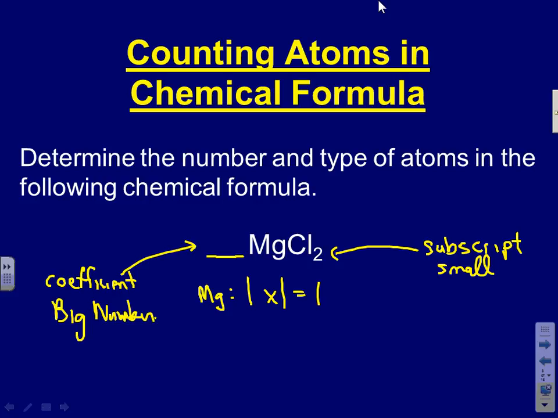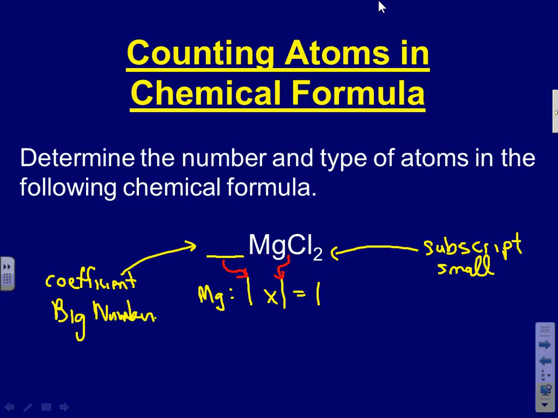I've got 1 magnesium atom. Now, where did this one come from? 1 for the coefficient went right there, and 1 for the subscript went right there. There's 1 molecule of magnesium chloride, and in each molecule there is 1 magnesium, so 1 times 1 is 1.